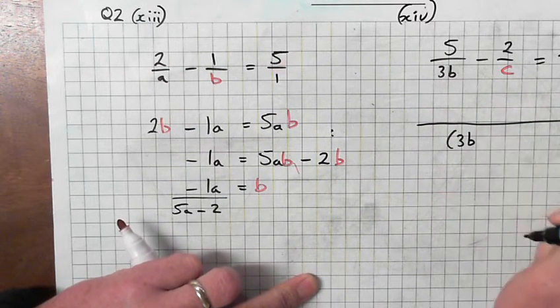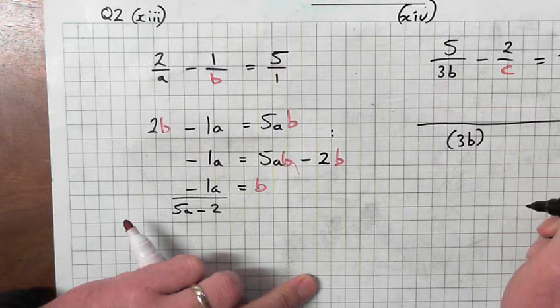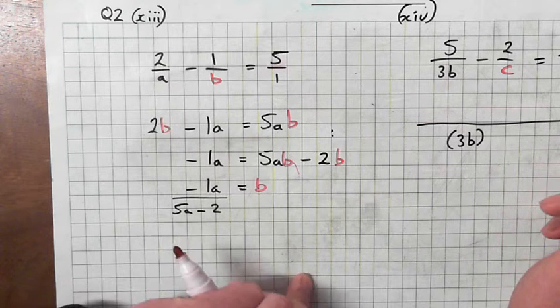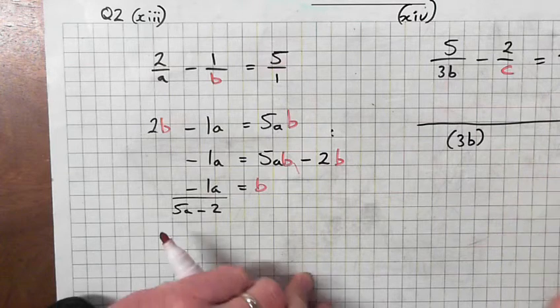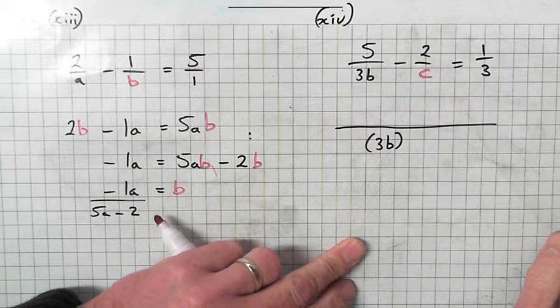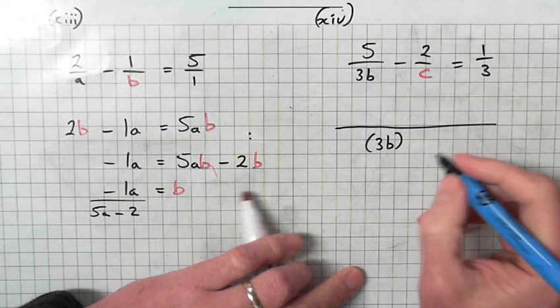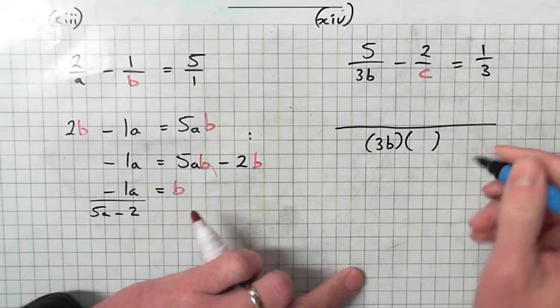I can go 3b times c times 3. There's no problem doing that. So I can just put these three things underneath. That makes it easier. I can just do that if I want.